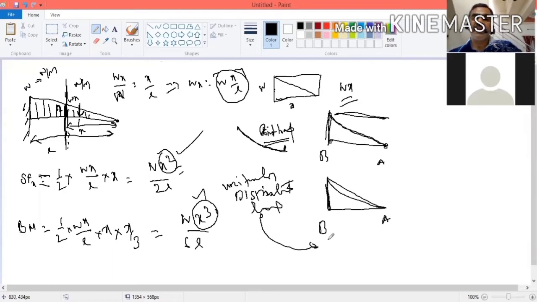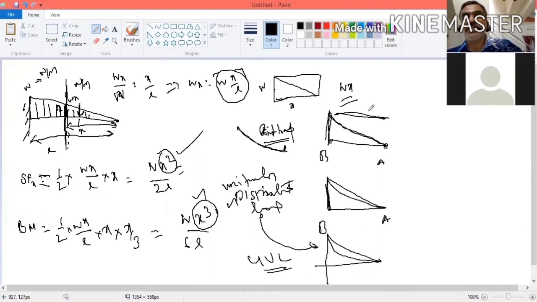If you take the uniformly varying load, UVL, the shear force is quadratic and the bending moment is cubic. So in between you have to join like that.